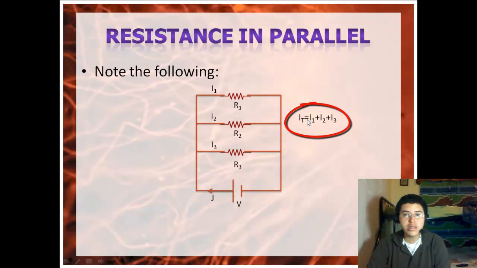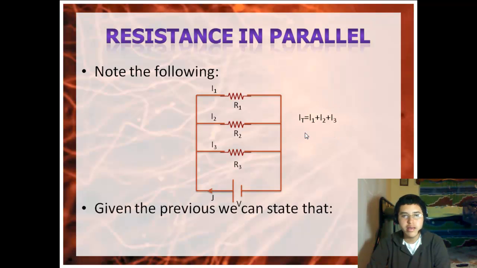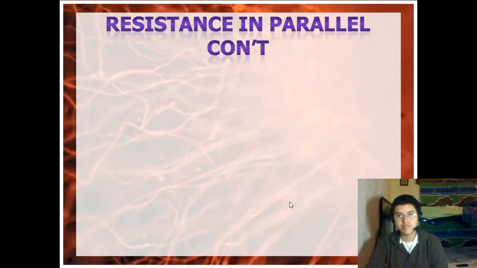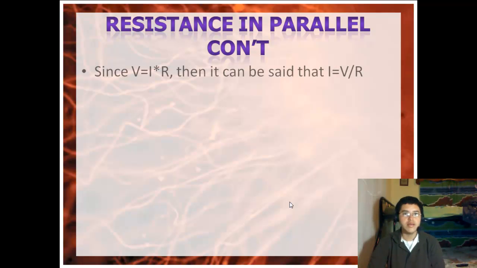Note that the total current equals the sum of all the individual currents. Since the voltage equals the current times the resistance, it can be said that the current equals the voltage divided by the resistance.